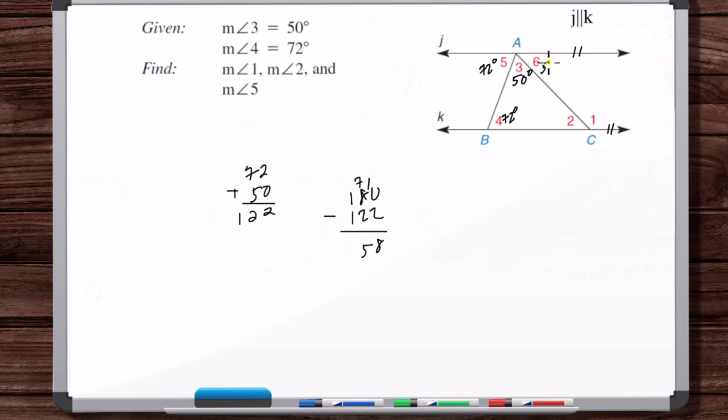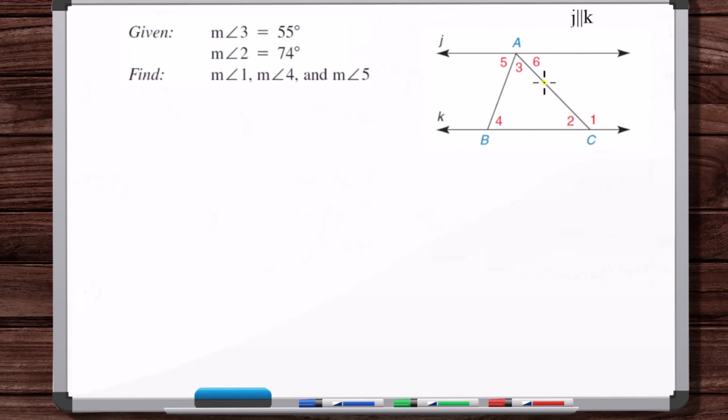So this is 58. Well, that means that this is 58. Okay, but now angle 1 is going to be 180 minus 58, which is 122. So there you go. There's angle 1, angle 2, and angle 5.